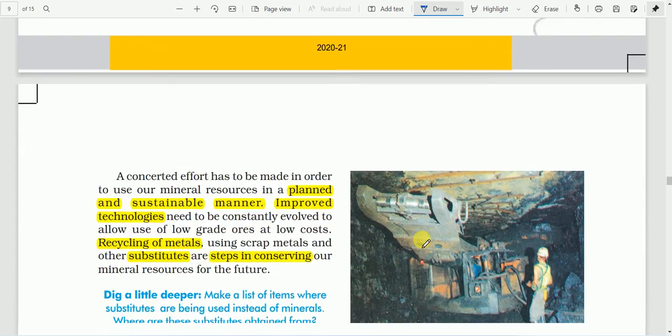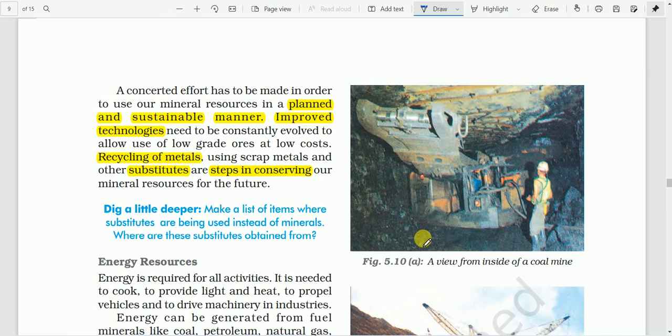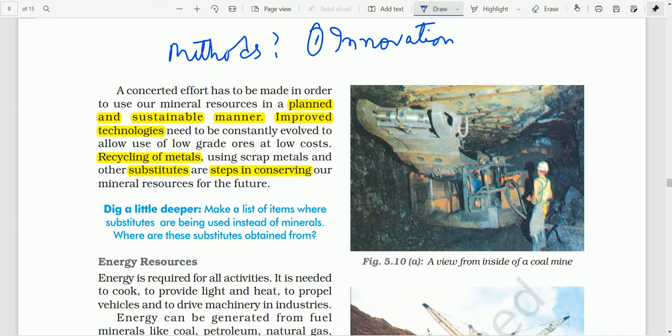Then what are the different conservation methods or techniques? The important conservation techniques are here. The first one is innovation. A concerted effort has to be made in order to use the mineral resources in a planned and sustainable manner.